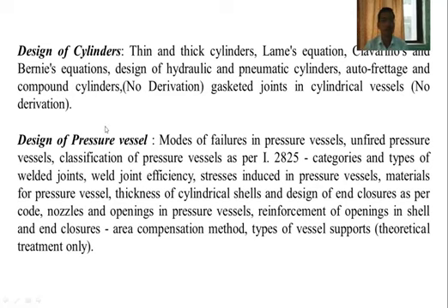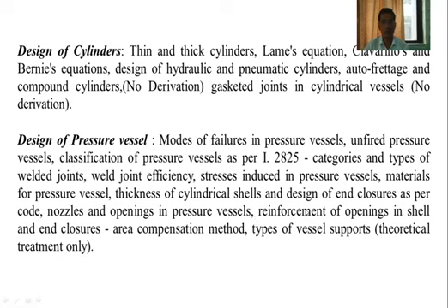Next we will see the design of pressure vessel. In that, mode of failure in the pressure vessel, then unfired pressure vessel, then classification of pressure vessel as per IS 2825. Then categories and types of welded joint, weld joint efficiency.